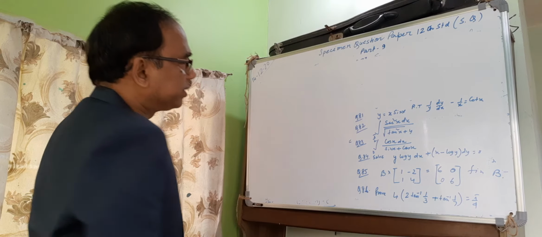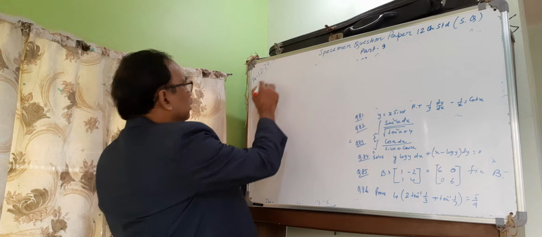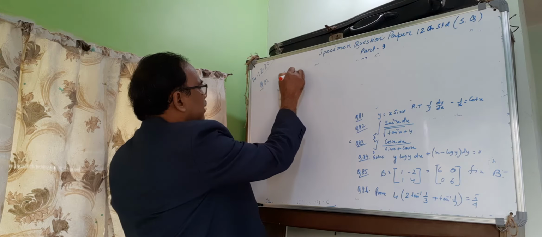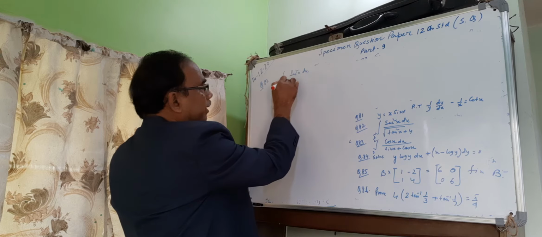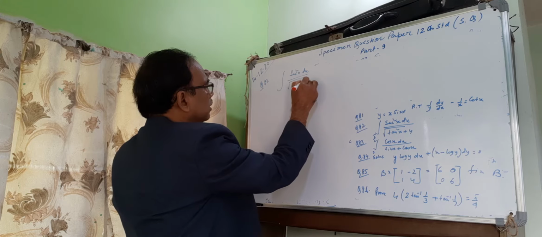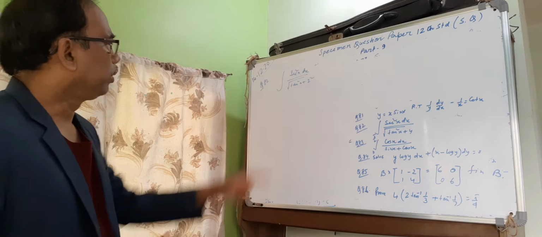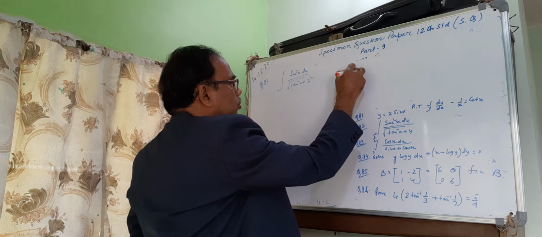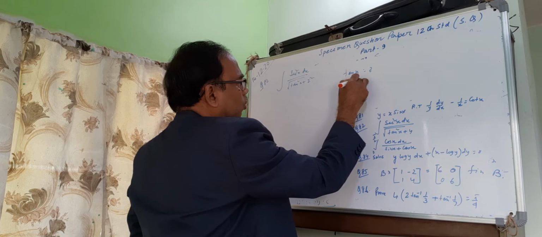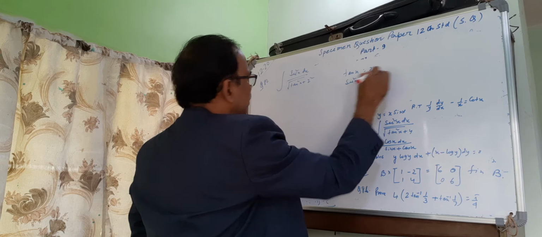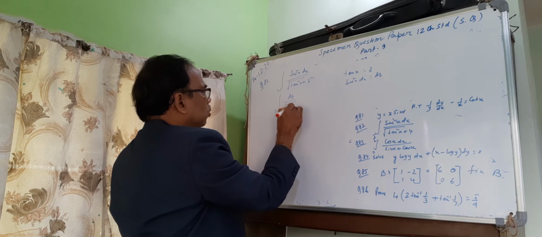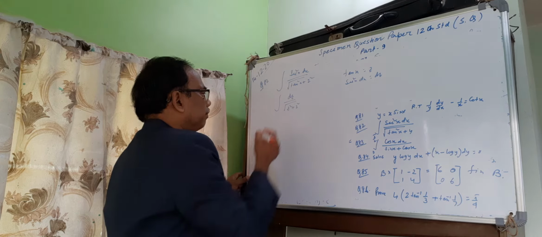Next, sum number 82. It is integration: sec² x dx by √(tan² x + 4), where 4 means 2 squared. We can take tan x equals z. Differentiating, sec² x dx equals dz. Put it here: numerator dz, root of z² + 2².